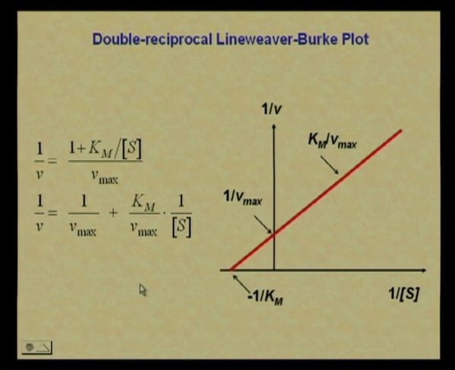So, if we plot 1 by V, 1 by S, what do I have here? My slope is Km by Vmax and my intercept is 1 by Vmax. So, what can I determine from this?